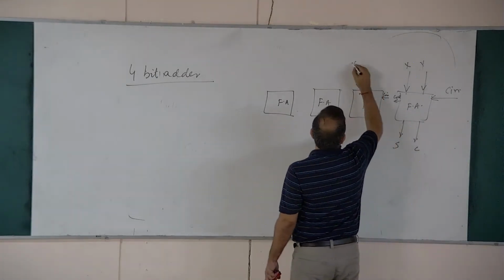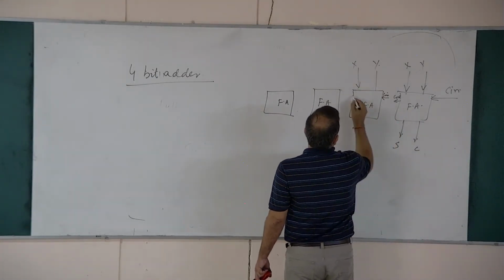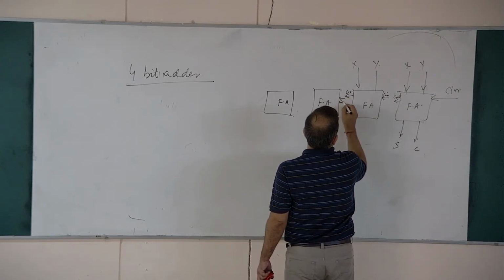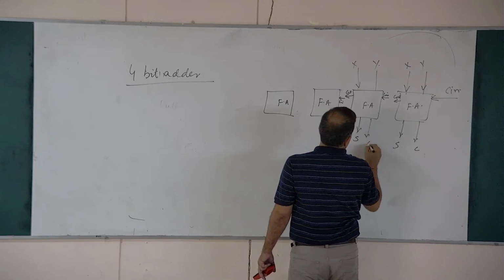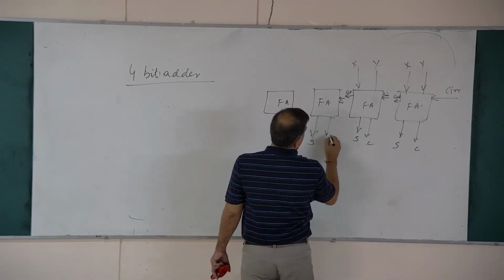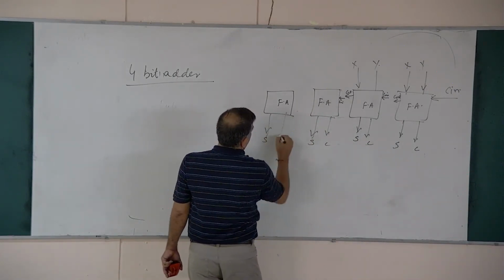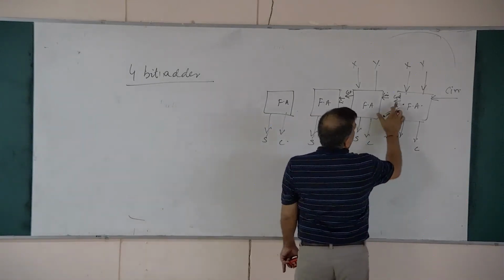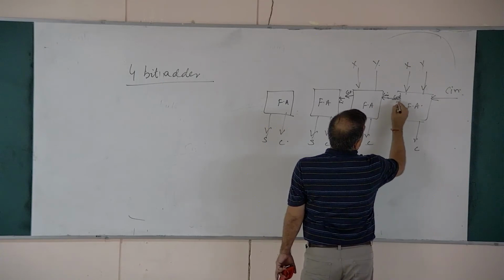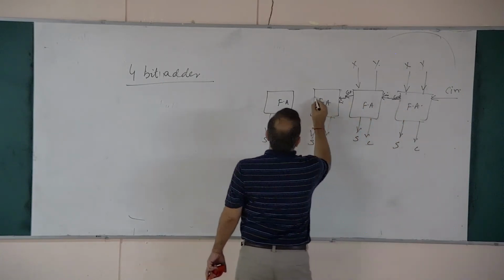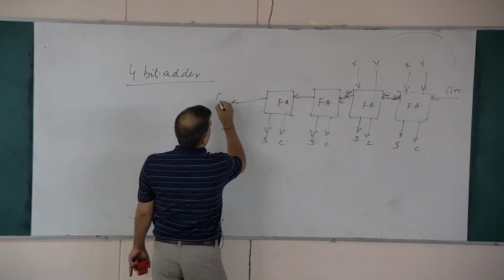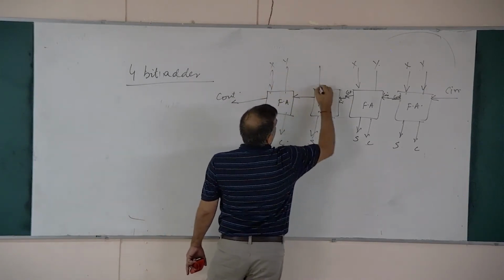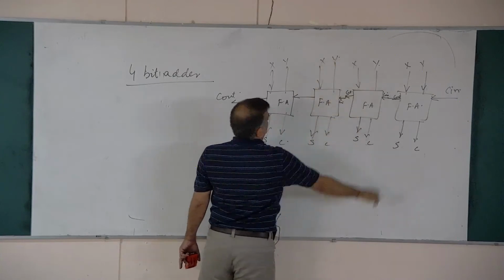Similarly, X and Y, C out, C in, sum and carry. Similarly, sum and carry, like this. Now, if we combine this C in and C out, it's like this, it's like this, and this is C out. So here this is also X and this is also Y, this is also X and this is also Y.